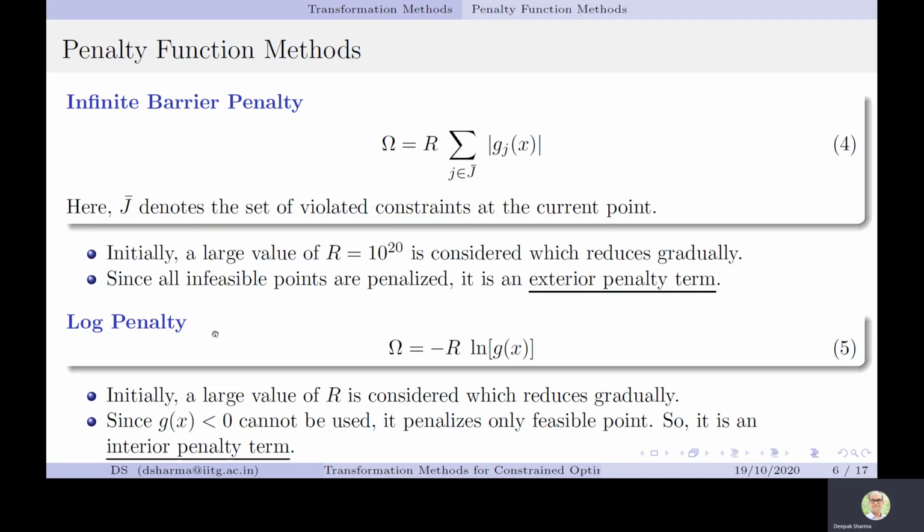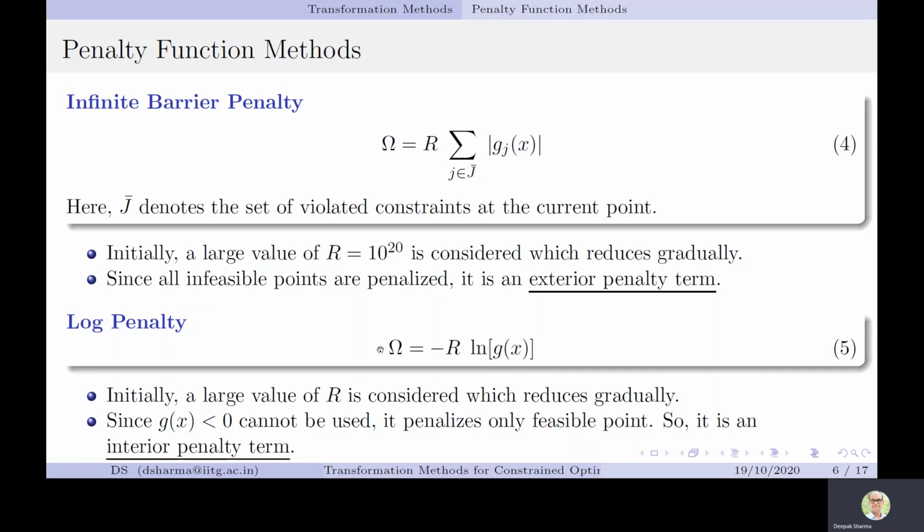Then we have a log penalty. Now in equation number 5, we can see that this omega is equal to minus r times the natural log of g of x. Now since g of x can be greater than 0 or smaller than 0, but inside the log we cannot have a negative value.